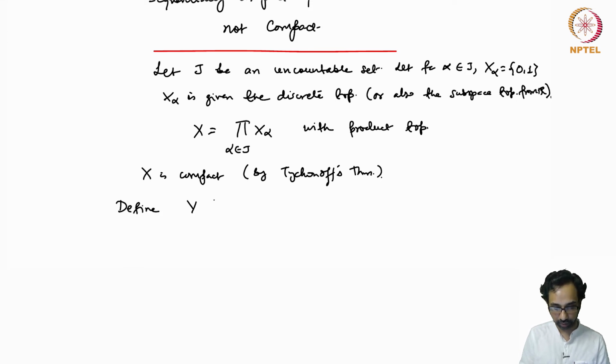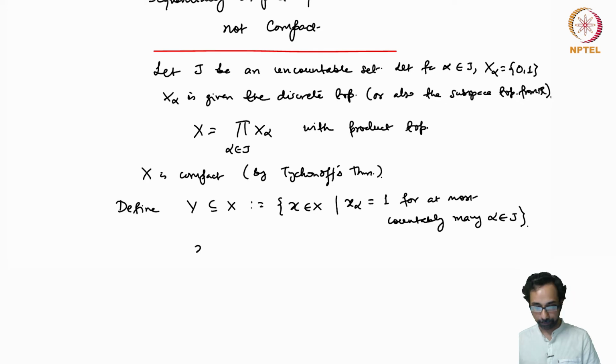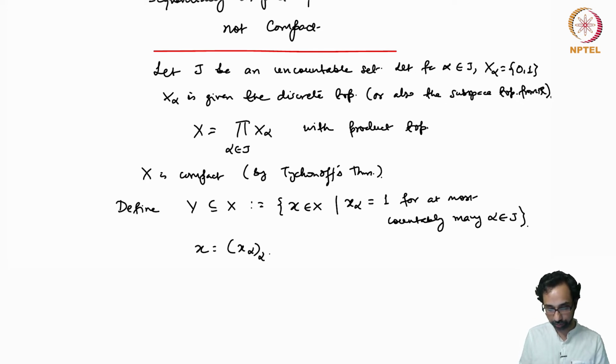So define Y as a subspace of X. This is the set of points x in X such that x_alpha equals 1 for at most countably many alpha in J. Remember that x is a J-tuple (x_alpha), alpha in J, and we write x_alpha as the alpha coordinate, and we want ones to appear in the x_alpha coordinate only countably many times.